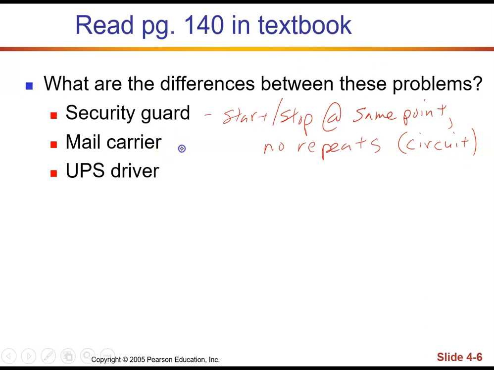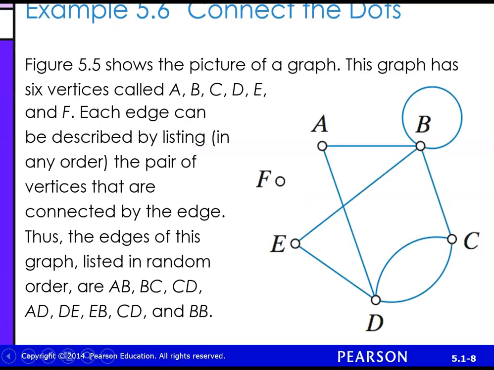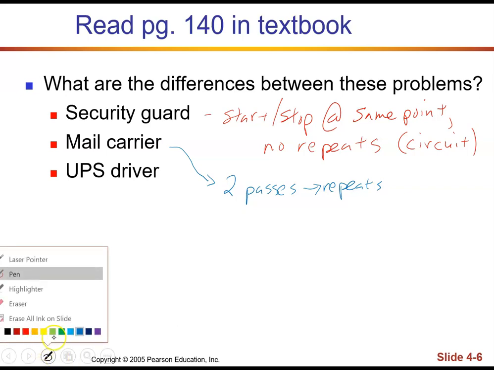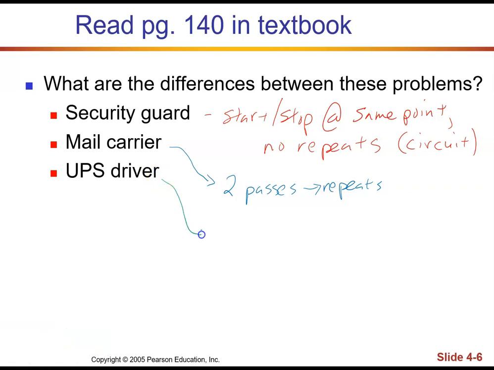Let's talk about the mail carrier. The exact same thing: they wanted to go down every single street. However, each street would probably have 2 passes, so there are now repeats, because you have to get one side of the street versus the other side. Now let's talk about the UPS driver.